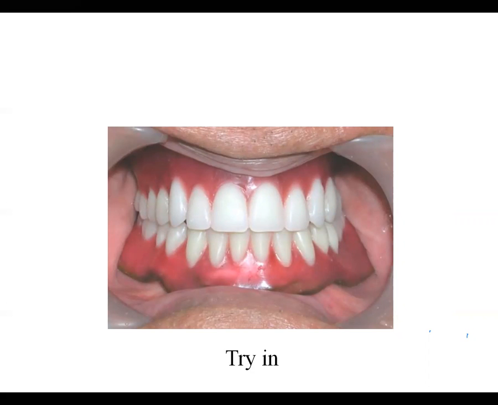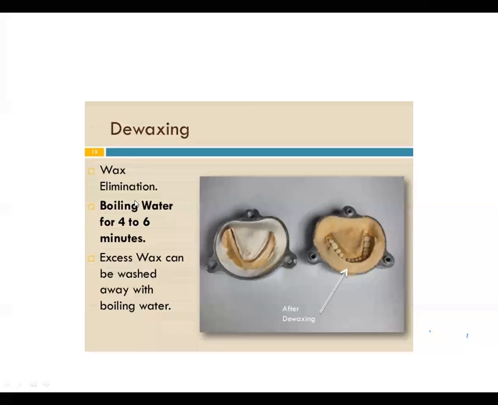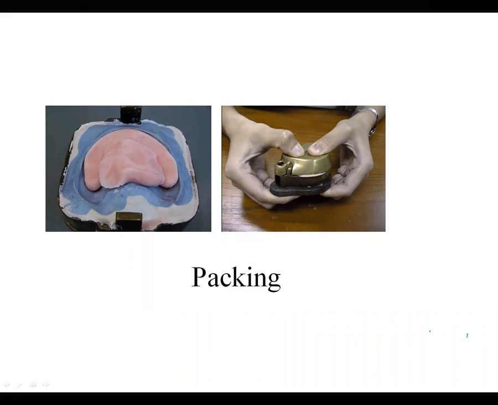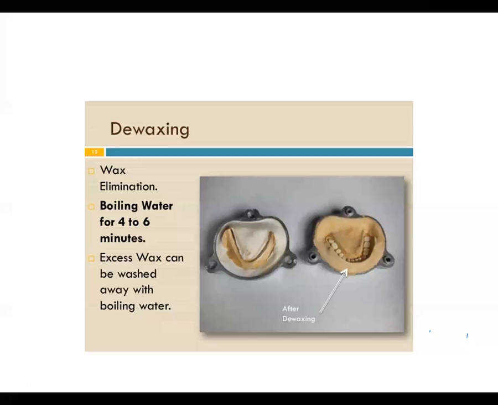Afterwards, we do de-waxing and packing. As far as de-waxing is concerned, boiling should be for at least 10 minutes, not more and not less than 10 minutes. In boiling water, we keep our flask for 10 minutes to eliminate all the wax.